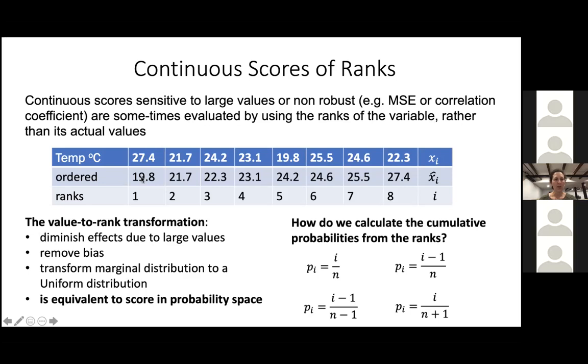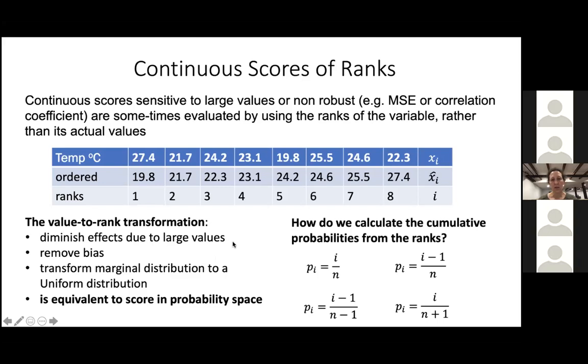So what are the ranks? Here I have an example with some statistics. These are temperatures, and I put them in order from the smallest to the largest. You see the second row, and for each one of these points I associate their rank, which I call i.